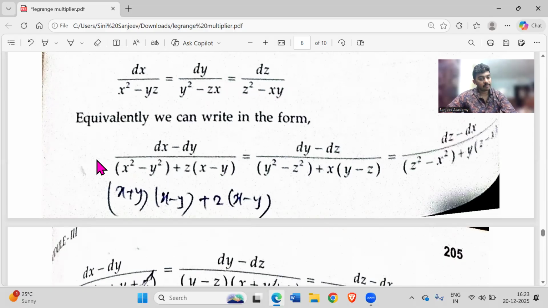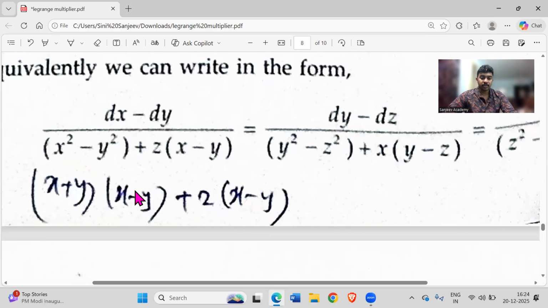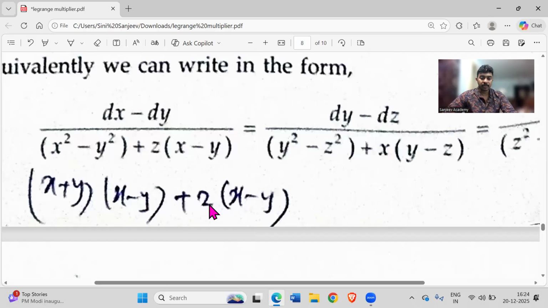Then you'll get x square minus y square. Once you regroup everything, x square minus y square is x plus y into x minus y, plus z into x minus y. From that, I can take x minus y outside.